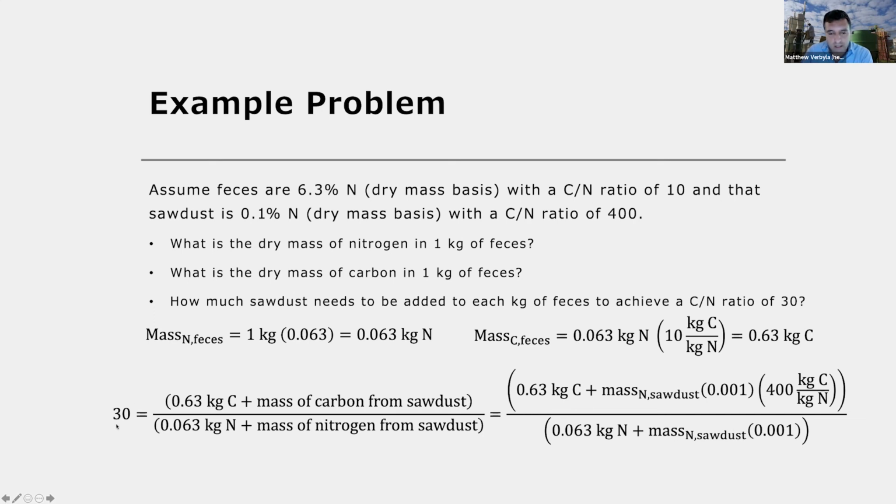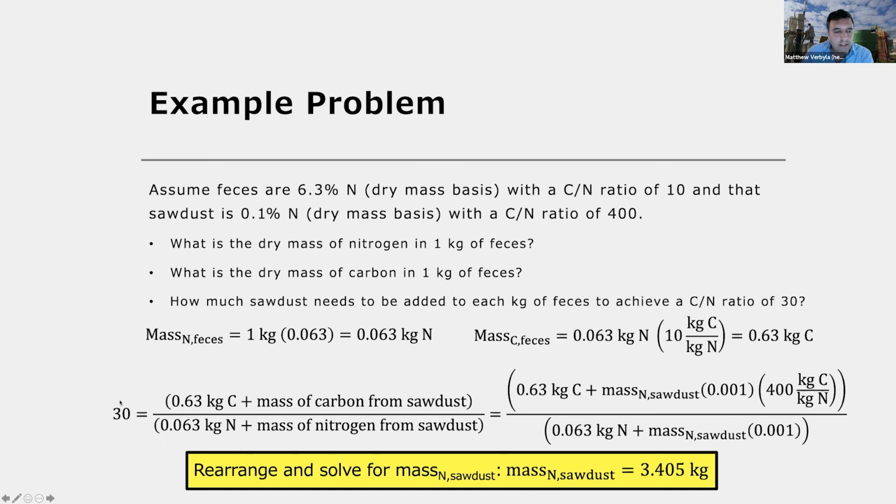So then we can take this equation: 30 is equal to 0.63 plus the mass of sawdust times 0.001 times 400, divided by 0.063 plus the mass of sawdust times 0.001, and we can solve it for the total mass of sawdust. This N here is a mistake. It should just say the mass of the sawdust, the total mass, not the mass of nitrogen or carbon.